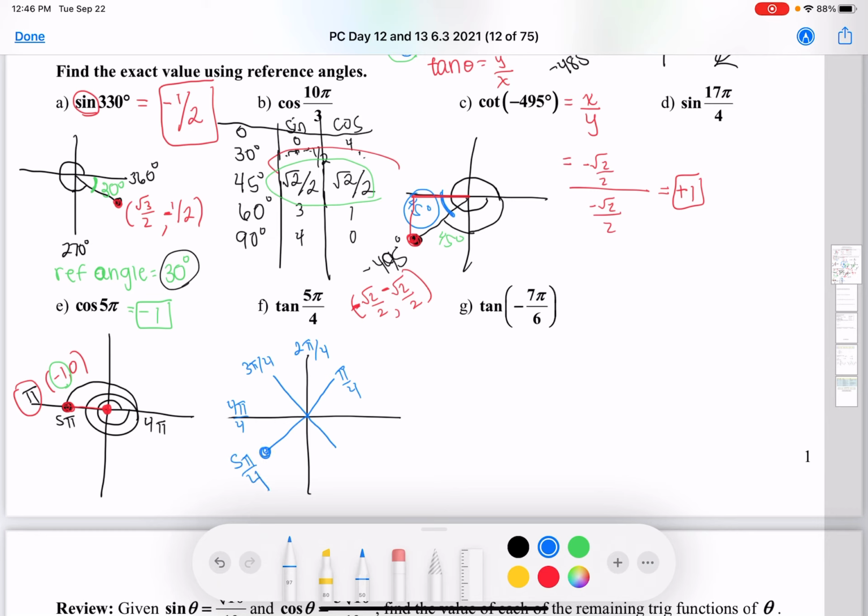So we would have our terminal side right here. And so the reference angle for this, the angle created here between our terminal side and the x-axis, every pi over 4 is equivalent to 45 degrees. So my reference angle here is just pi over 4. Yes, it's equal to 45 degrees, but if I give you radians, go ahead and leave your answer in radians. Okay, so the reference angle is pi over 4.